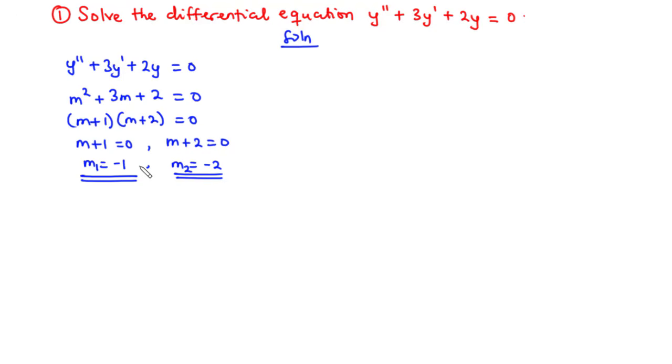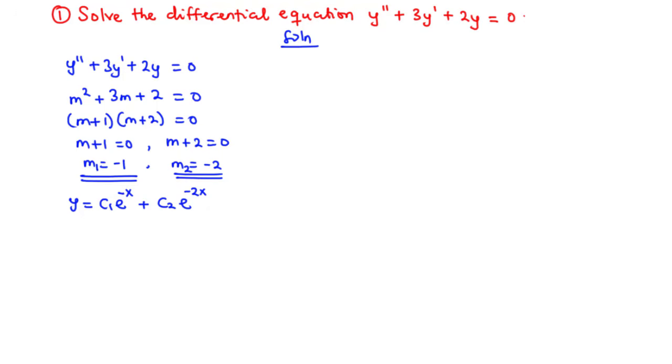Now since the roots are real and unequal, then we say that the general solution is given by y equals c1 times e to the power m1x. So we have -1 times x, which is -x, plus c2 e to the power m2x. So that is -2x. So this happens to be the general solution to this differential equation.